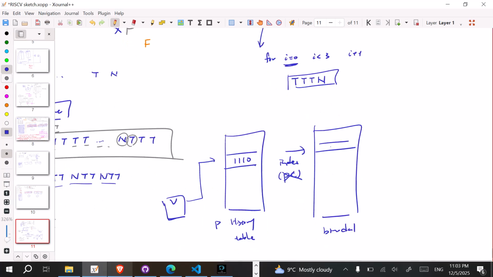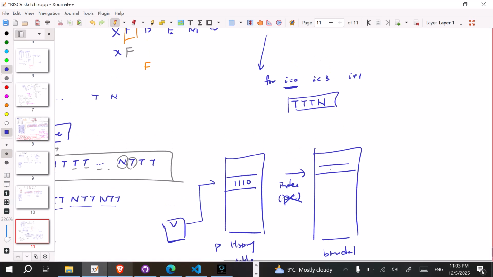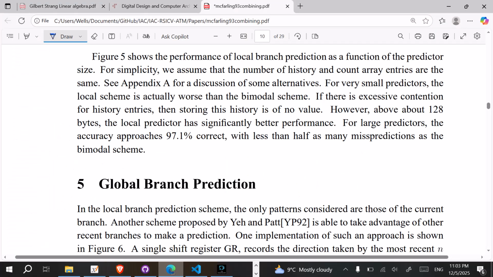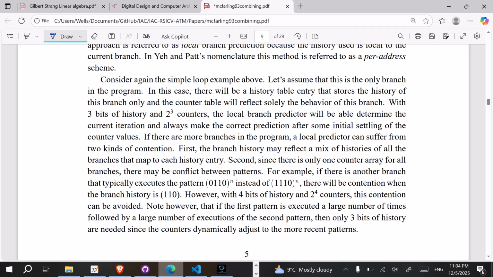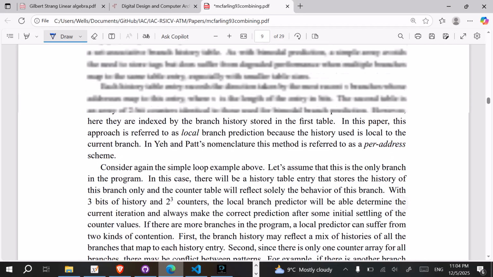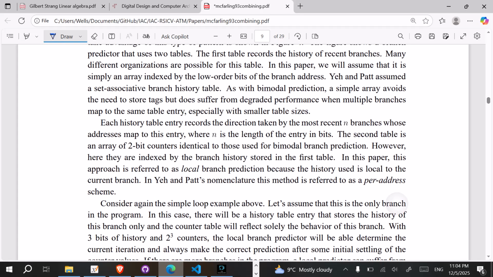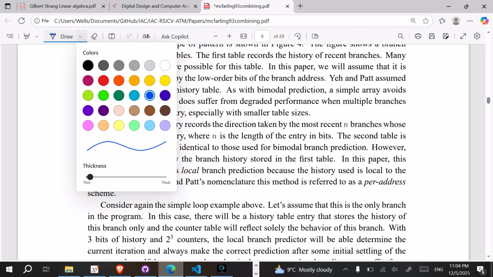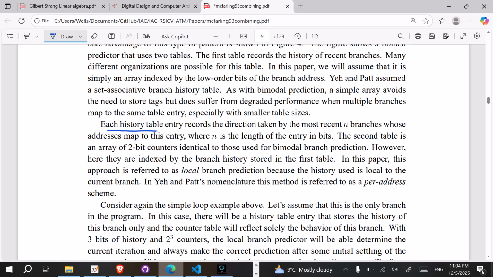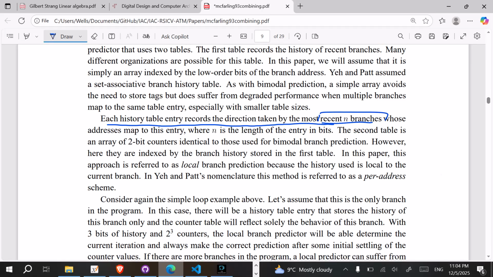Let me try to review, because I'm a little bit unsure. Okay, take a look here. Every history table entry records the direction taken at the most recent n branches whose address mapped to this entry, and n is the length of the entry in bits.